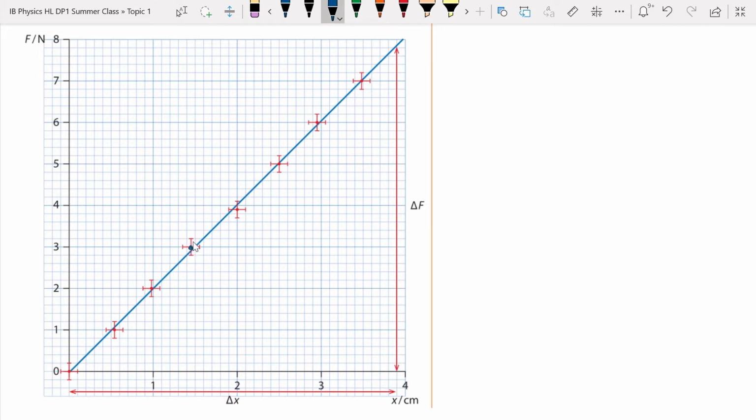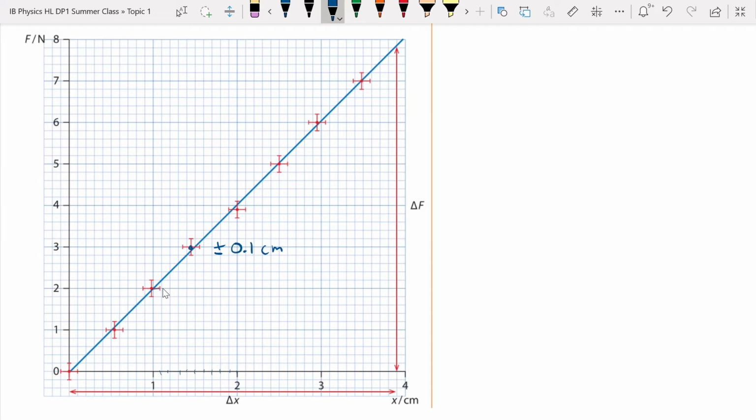This measurement has a plus or minus so many centimeters. In this case, it looks to be plus or minus 0.1 centimeters, because it looks to be that this is one grid wide.